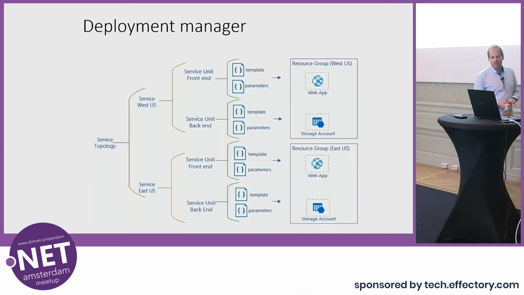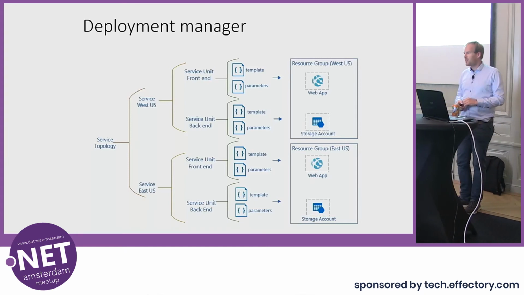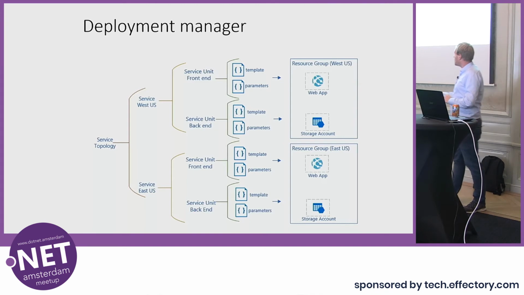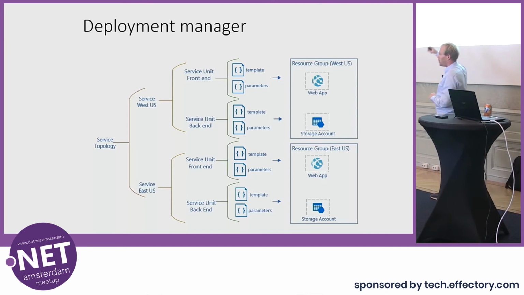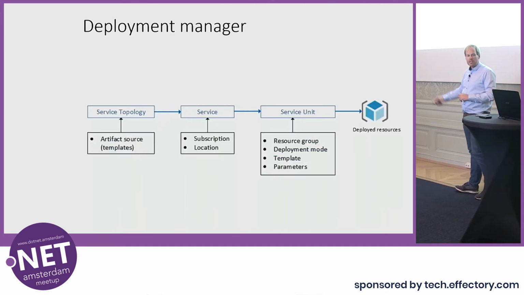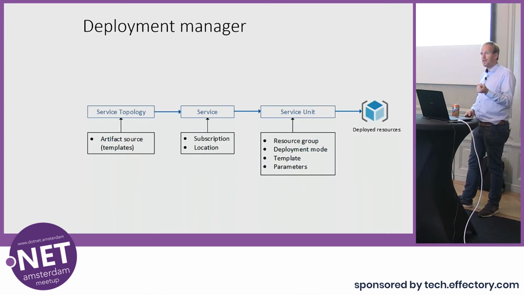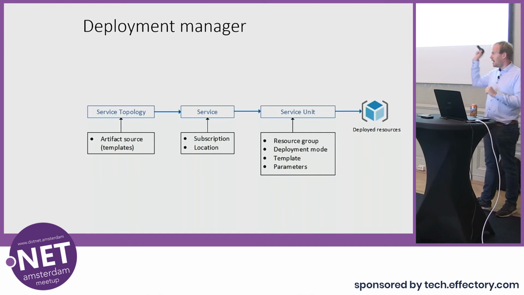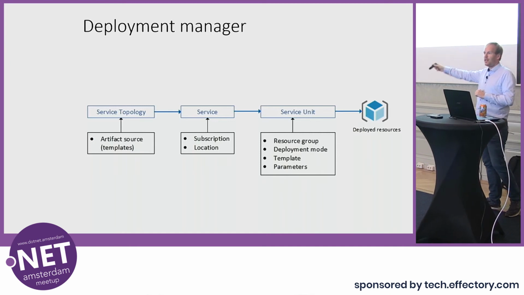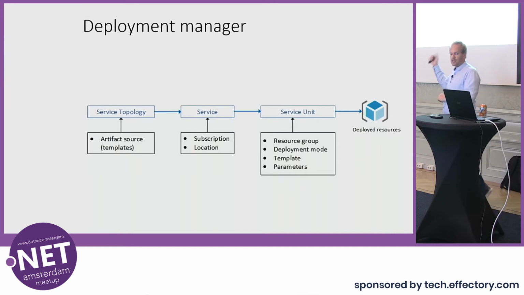So what Deployment Manager allows you to do is create a lot of JSON that describes what is called a service topology, which is made up out of a number of services, and a service is an Azure subscription you point to and a location. For example, my MSDN subscription in West Europe, that's a service, and my MSDN subscription in North Europe, that's another service.